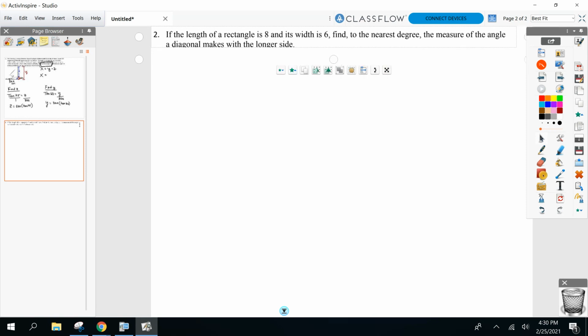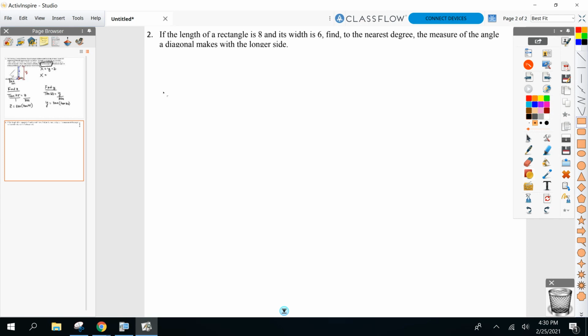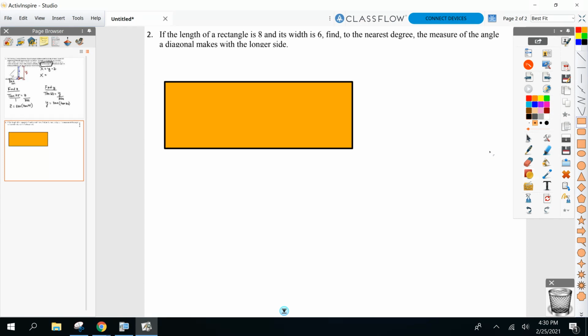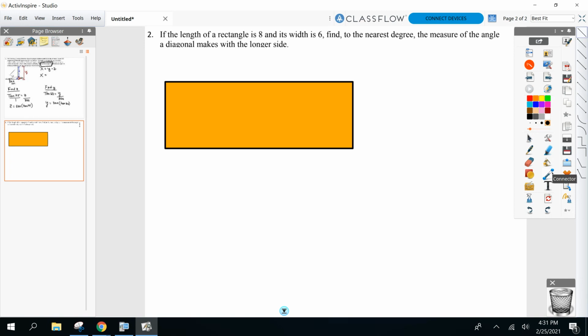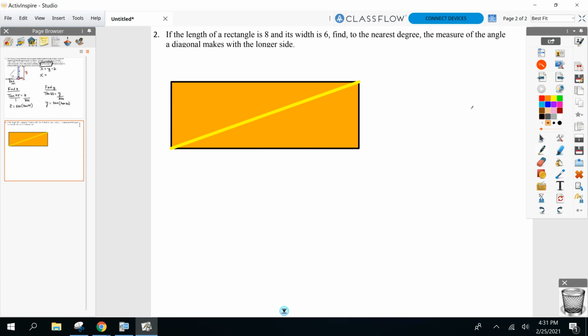All right, I got myself a rectangle, so let me get a rectangle out here. There we go. It talks about what's the measure of a diagonal make, so let me draw in a diagonal. Doesn't matter which diagonal you draw in because diagonals are congruent in a rectangle, so I'll just draw that one in. So 8 and 6.